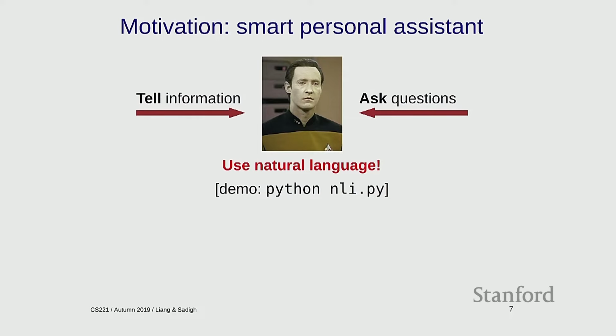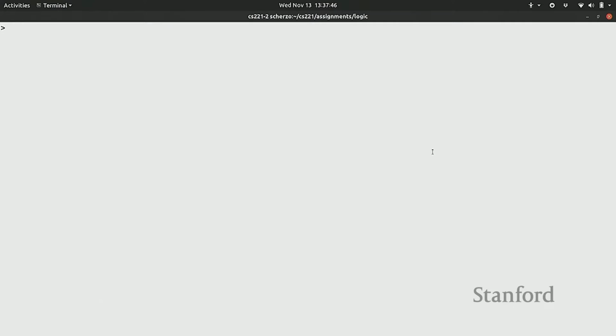So just a brief refresher, on the first day of class I showed you this demo where you can talk to the system and say things and ask questions. A small example is, let's say, all students like CS221. It's great, it teaches important things. And Alice does not like CS221.